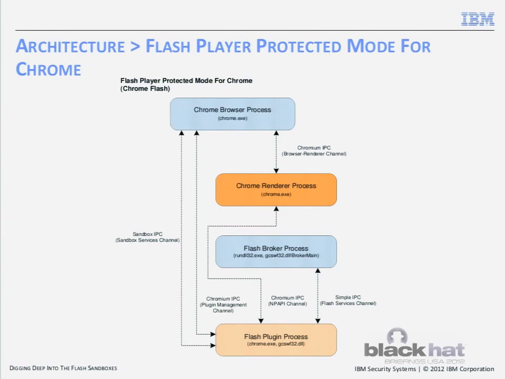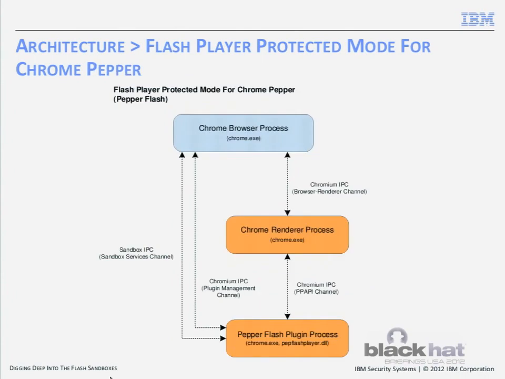In Chrome Flash, the Flash broker process is opened by running the plugin DLL GCSWF32.dll's broker main entry point using rundll32.exe. The Flash plugin process is an instance of chrome.exe that loads the Flash plugin DLL GCSWF32.dll.